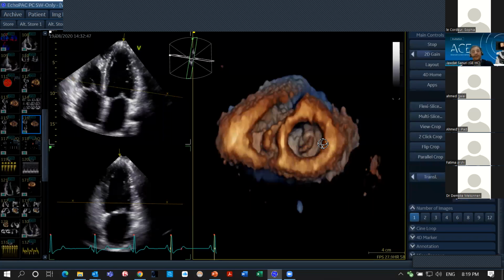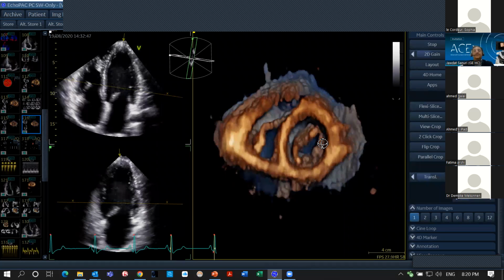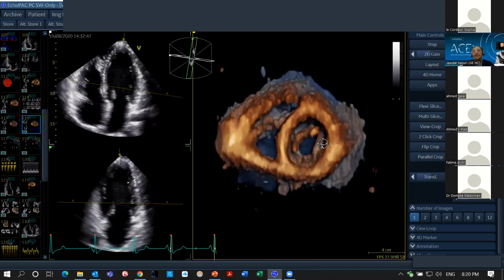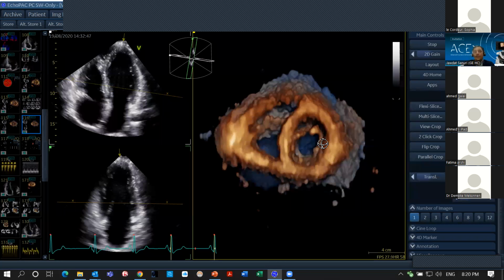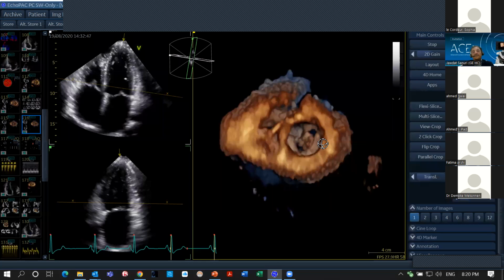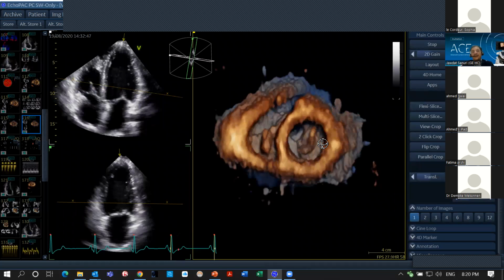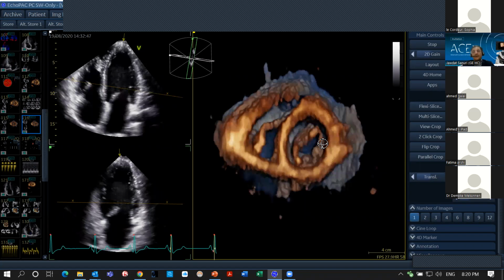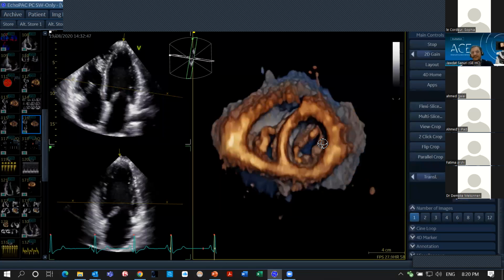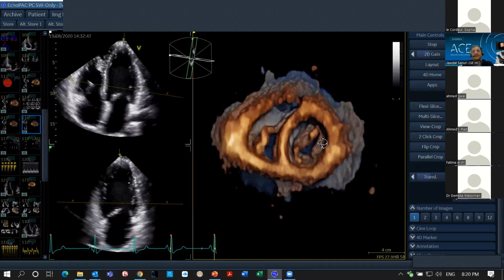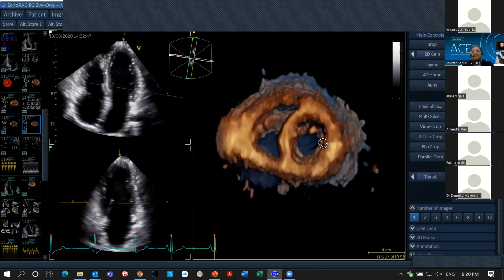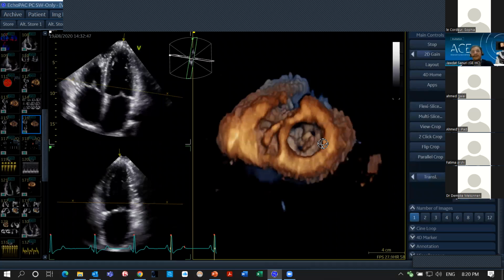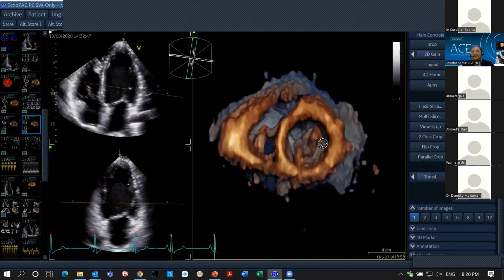So if you acquire 4D on the Vivid machine, you can send it to Tomtec, and you'll be able to crop and navigate, even quantify on a Tomtec, and vice versa from any vendor to the EchoPAC plugin on Centricity and on Viewpoint, and even on third party, because the EchoPAC plugin is available on even third party PACS solutions. So yes, it is validated, to answer your question.